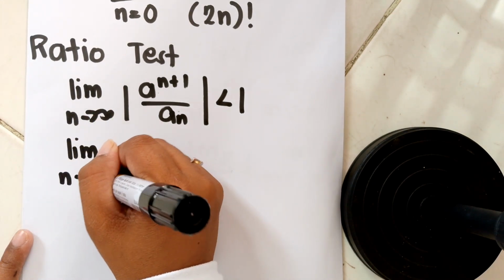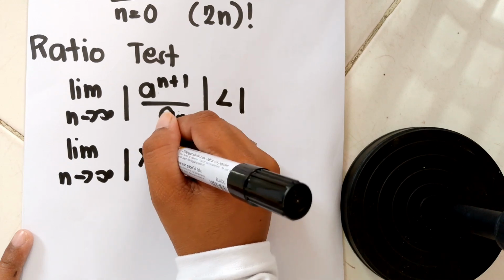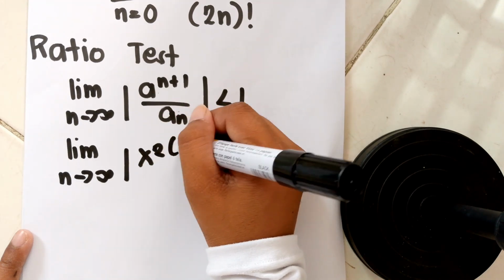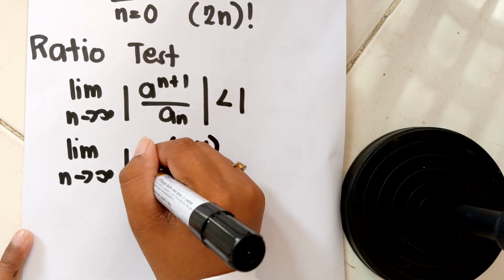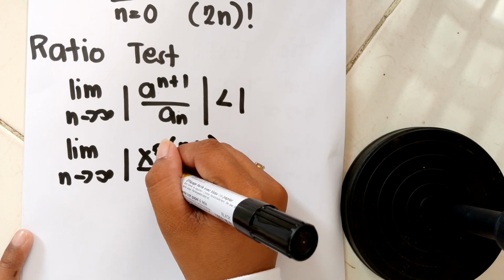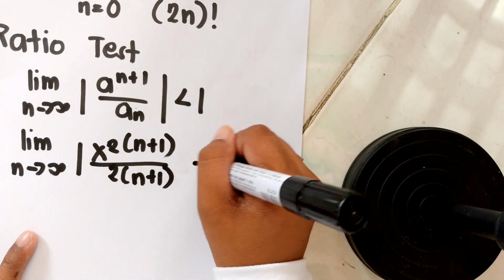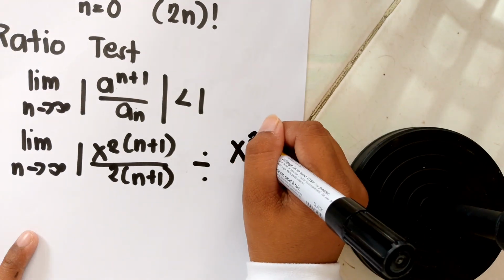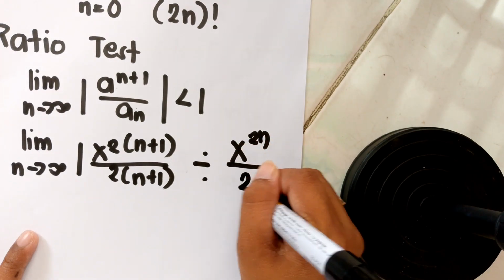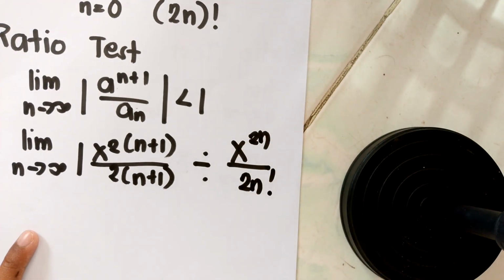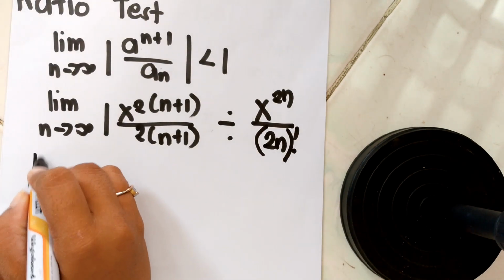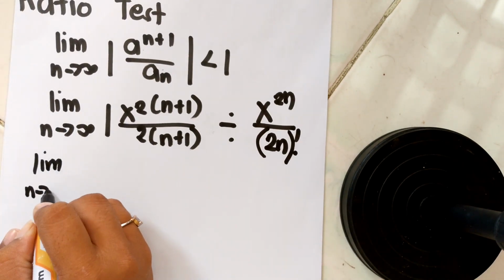Substituting the values, it will become the series of x raised to 2 times n plus 1 over 2 times n plus 1 factorial divided by the given function, x raised to 2n over 2n factorial. Next, we need to get the reciprocal of the other function.